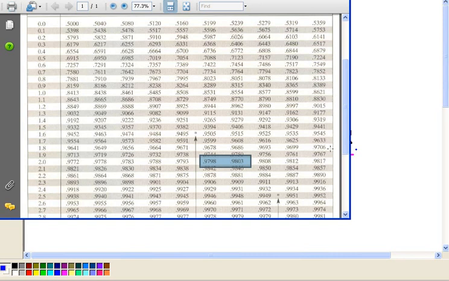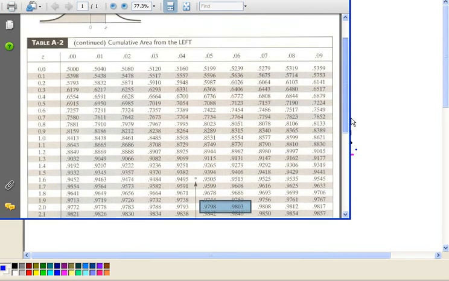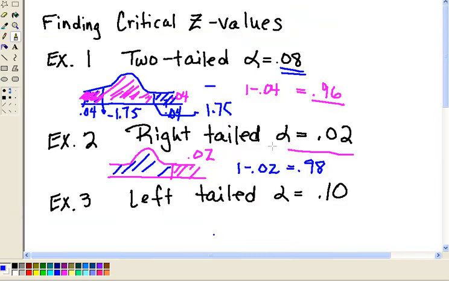We know it's 2.0, but 2.0 what? Somewhere between 5 and 6. Technically it's closer to 2.05 because that's only 2 thousandths. So we're going to say 2.05, and that is your critical value. You're only going to have one because it's a one-tailed test.